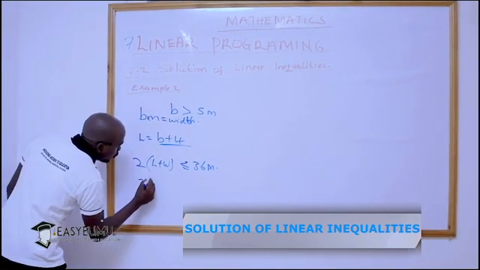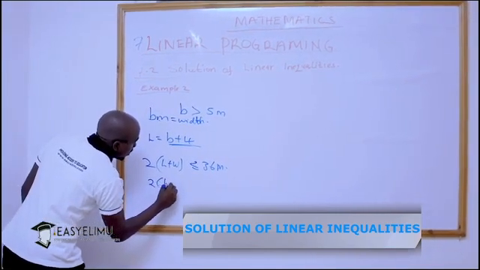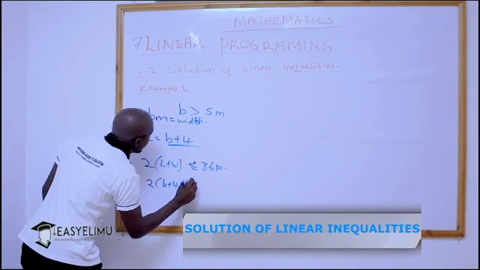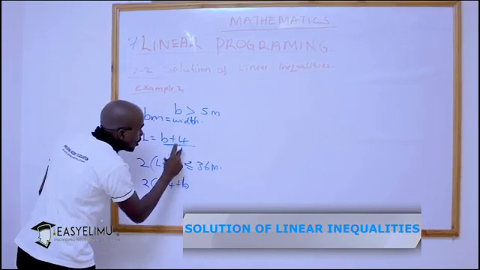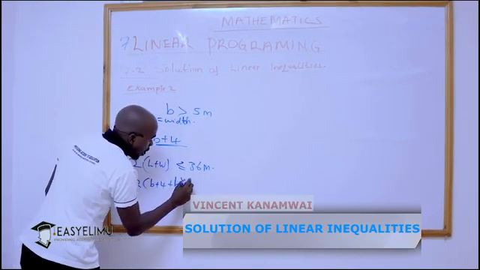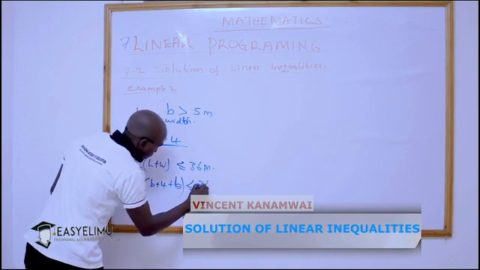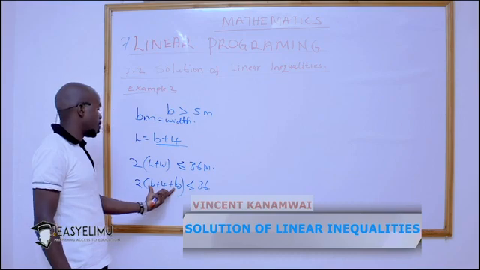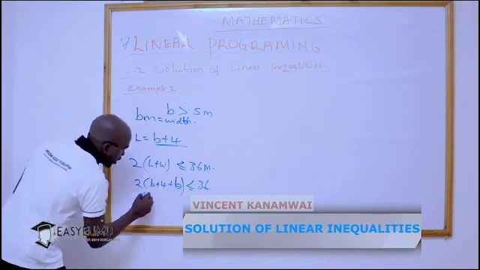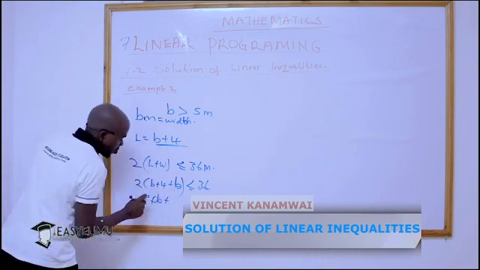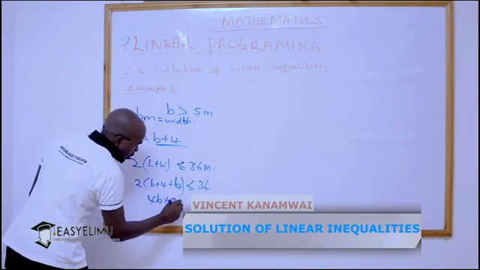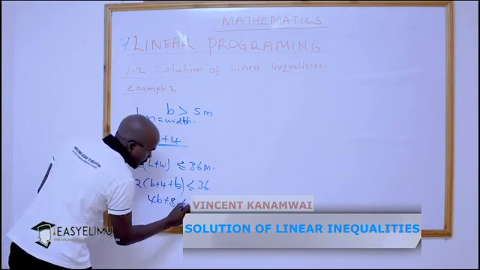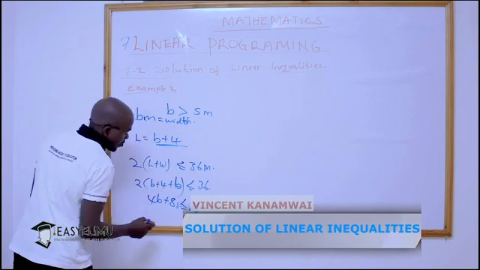We are getting 2 into length, which is b plus 4, plus width, which is b. It should be less than or equal to 36. If we open the bracket, we have 2b multiplied by 2, we are getting 4b, plus 8 is less than or equal to 36.